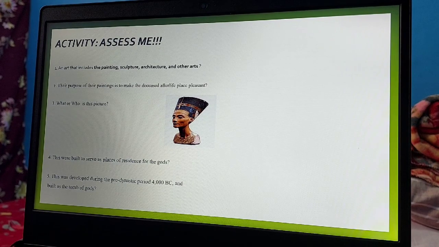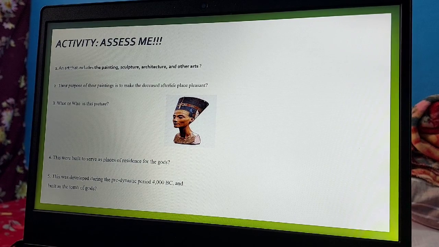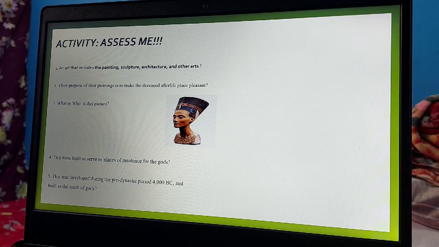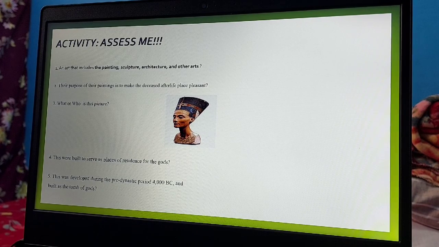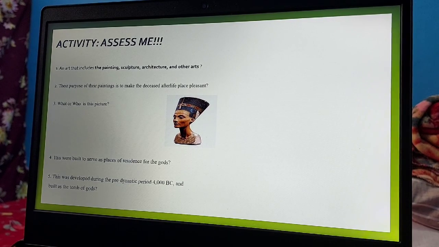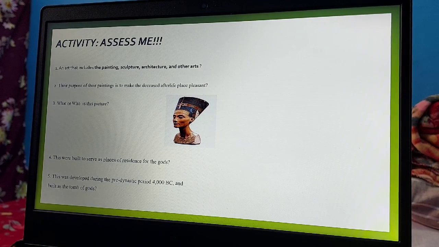Number 4, these were built to serve as places of residence for gods. 5th, this was developed during the pre-dynastic period from 4000 BC and built as a tomb of gods. So, write your answer on a short 1/4 sheet of paper, and afterwards I will cue you to pass your papers.